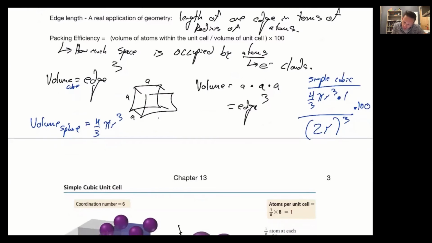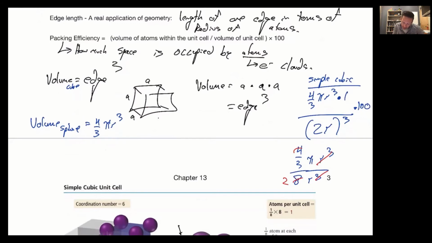Two cubed is 8. So we're looking at 4/3 over 8 pi r cubed times 1 over r cubed. You see, it's kind of interesting. It doesn't even matter what type of atom it is. The r cubes go away. And then that 4 and 8 can simplify down to 1/2.